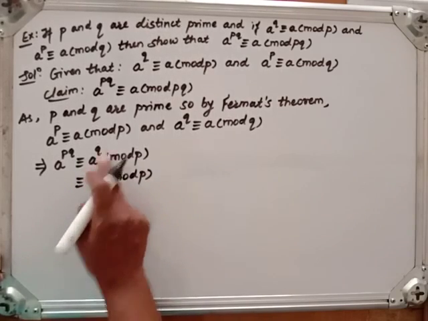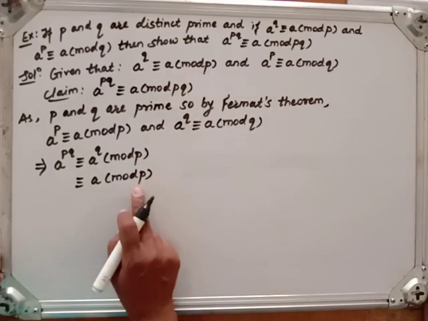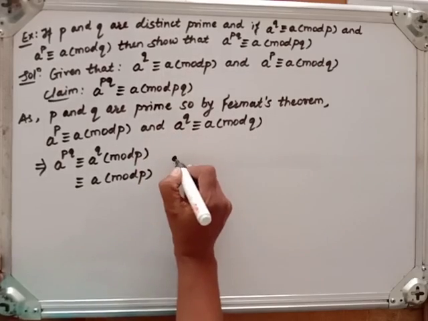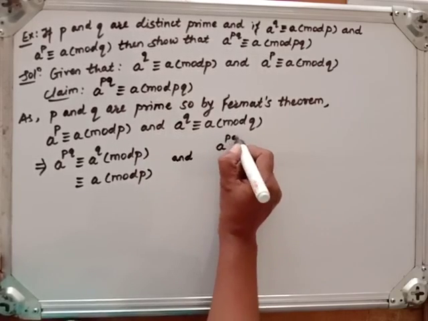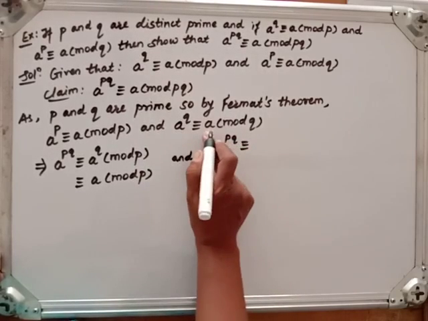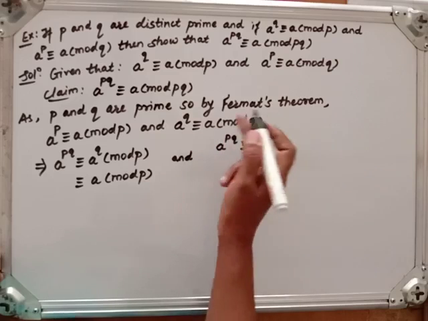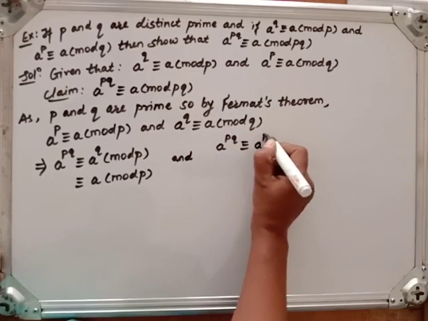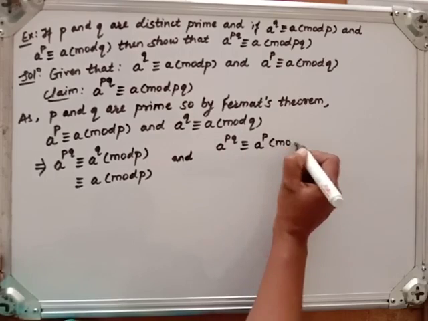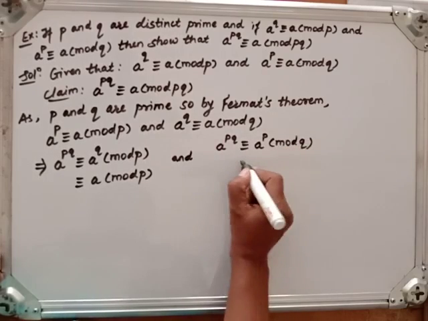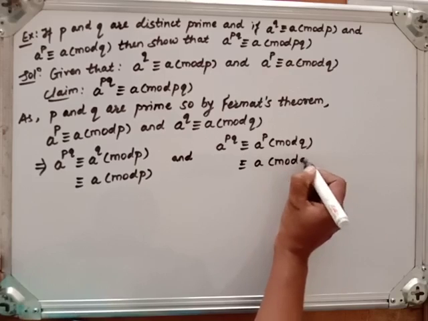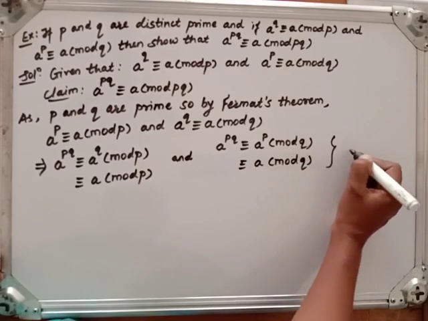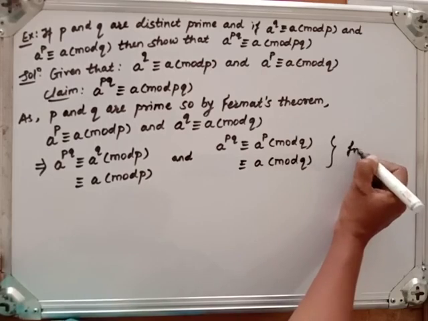Because a raised to q is congruent to a modulo p from the given. And again a raised to pq is congruent to, here taking the pth power on both sides, a raised to p modulo q, and that is again congruent to a modulo q. This is the reason from the given.